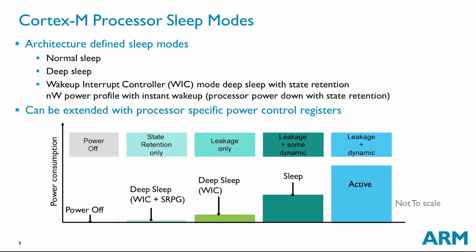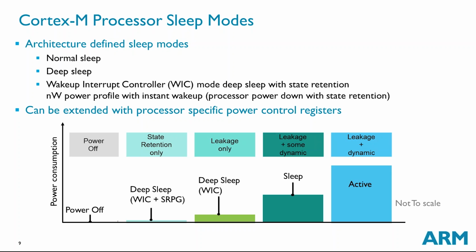In deep sleep mode, it is possible to disable all the clock signals to the processor, using the wake-up interrupt controller, the WIC, for interrupt detection. The WIC is a small extra block that sits outside of the processor so that you can let the processor sleep, and the wake-up interrupt controller is waiting for signals to wake up the main core.